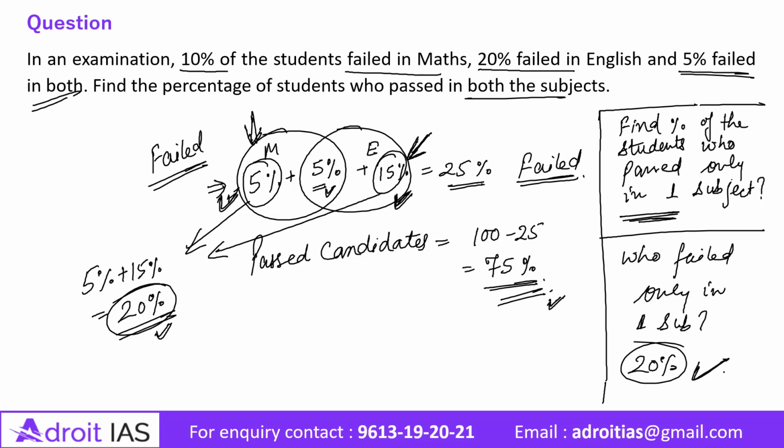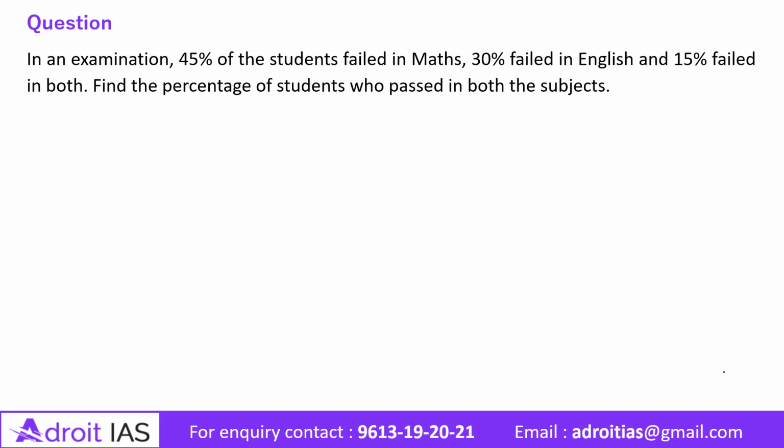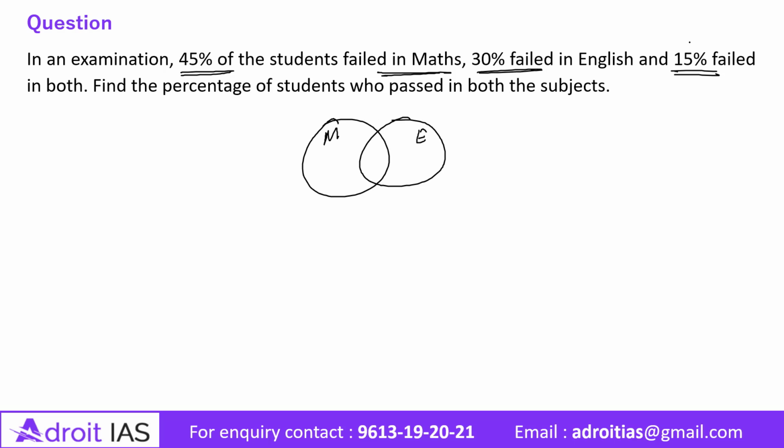The next question is very similar to this one. In an examination, 45% of the students failed in maths, 30% failed in English, 15% failed in both. Again, the same approach. 15% failed in both, so 15% will come over here. 45% failed in maths, so 30% is left for maths alone.